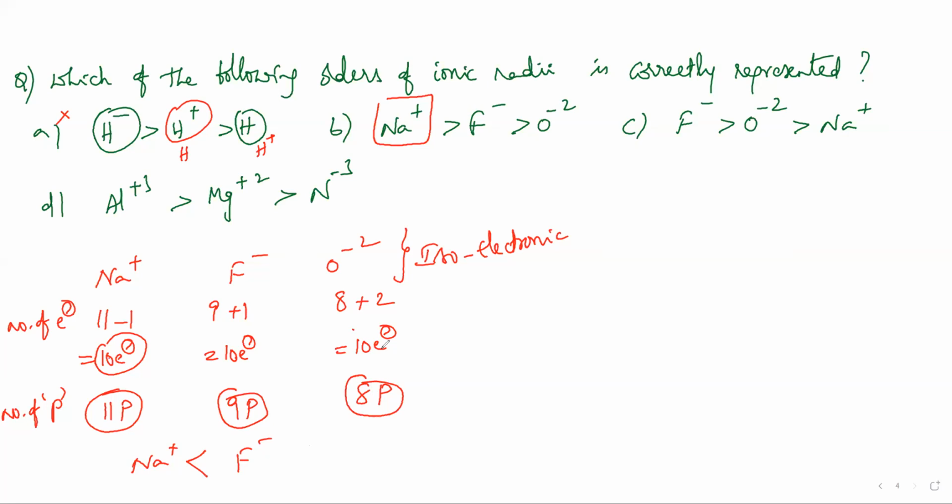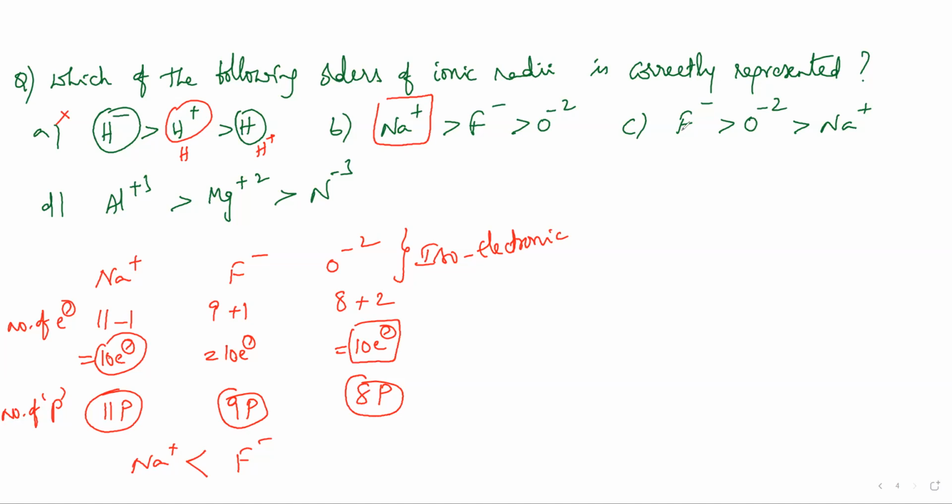So which one will be more in ionic size? F minus will be smaller than that of oxygen, right? So O minus 2 is larger. So this is not following the given order. Next case, F minus greater than O minus 2 greater than Na plus.